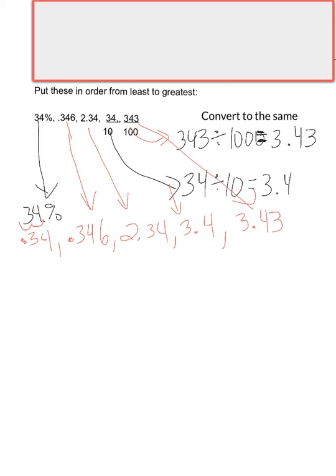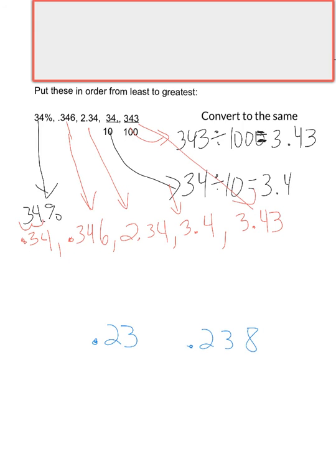Just keep in mind, if you have a decimal like 0.23 and then 0.238, 0.238 is bigger because of this 8. There's nothing here, so you think of it simply as 0. That's why 0.34 is smaller than 0.346.